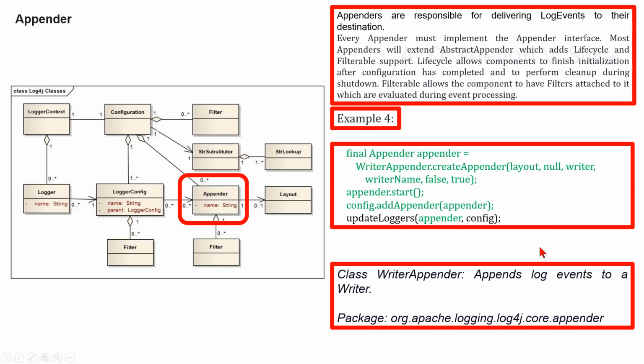Here you can see the writer appender appends log events to a writer. This is in package org.apache.logging.log4j.core.appender. So for any given writer, like a print writer, you tell log4j to append events to that writer by creating a writer appender and updating the log4j configuration.